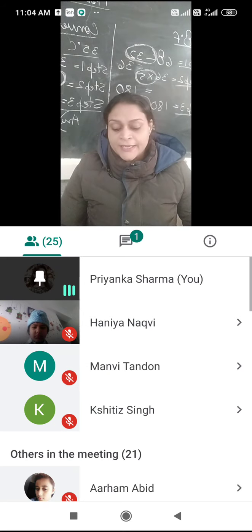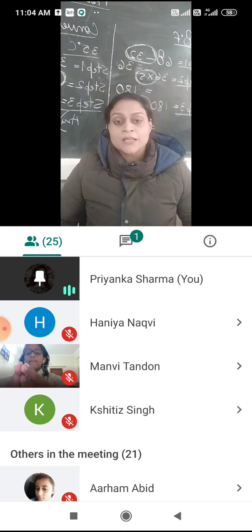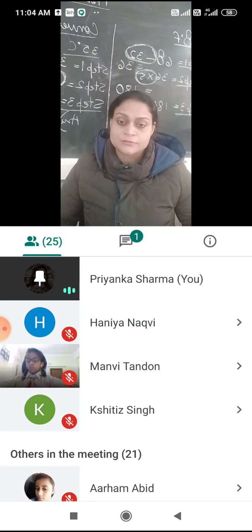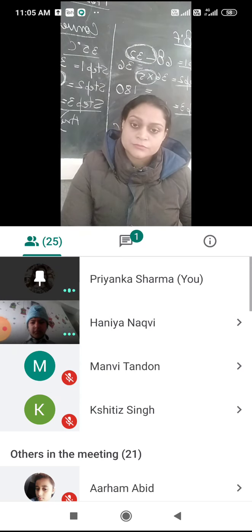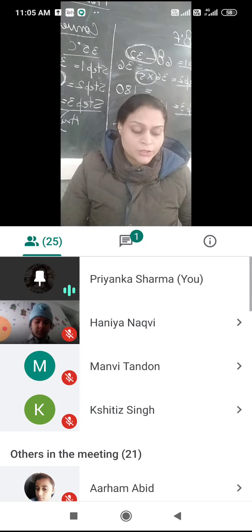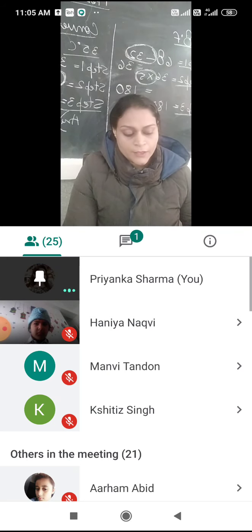The important diagrams from this lesson are: mark the important diagrams. All three types of objects: transparent, translucent, opaque. Put a tick mark and write important.